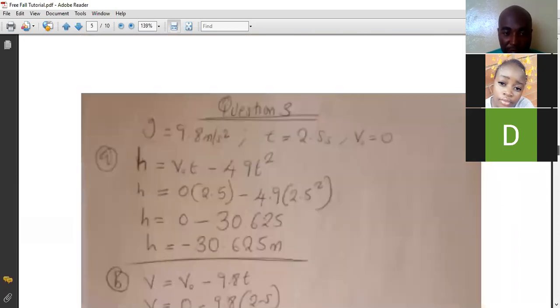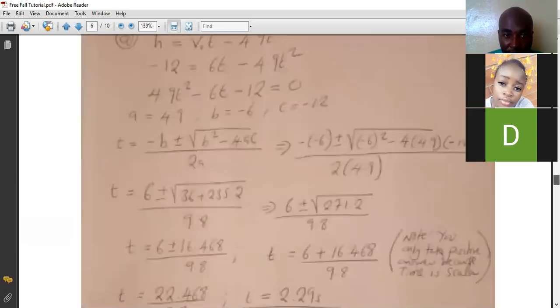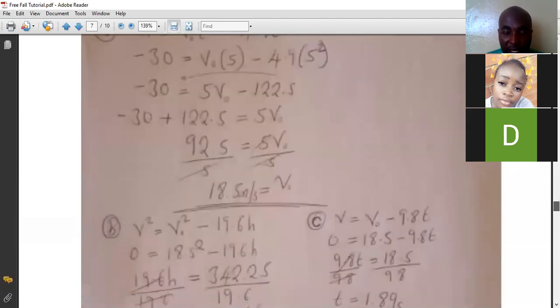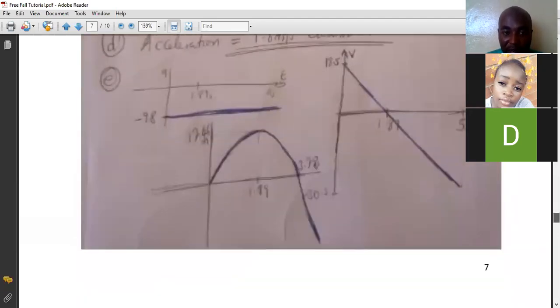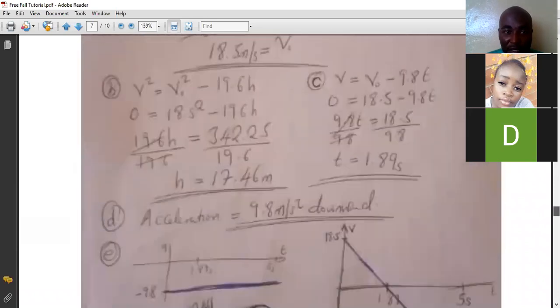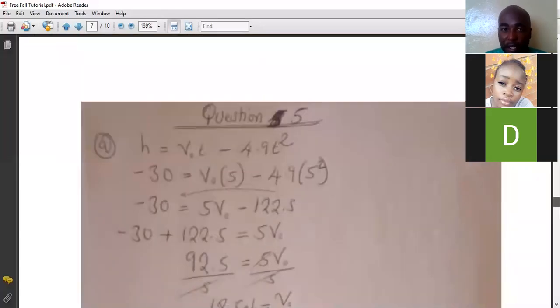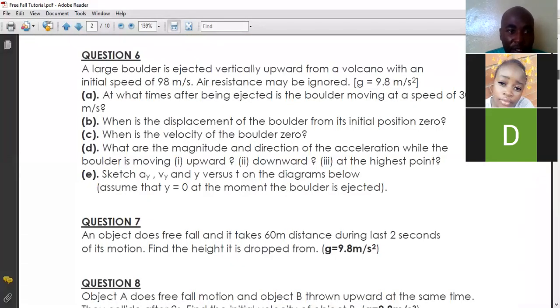So let me look for question 5. So this is D: the acceleration is 9.8 meters per second squared. Let me go back to the same question.